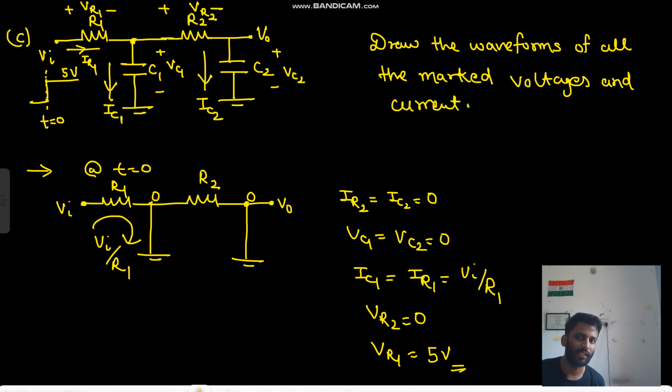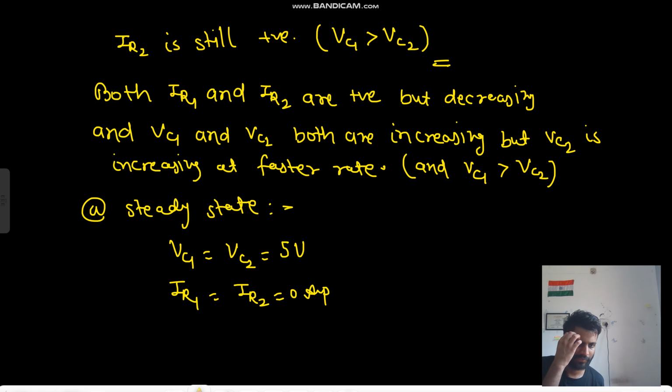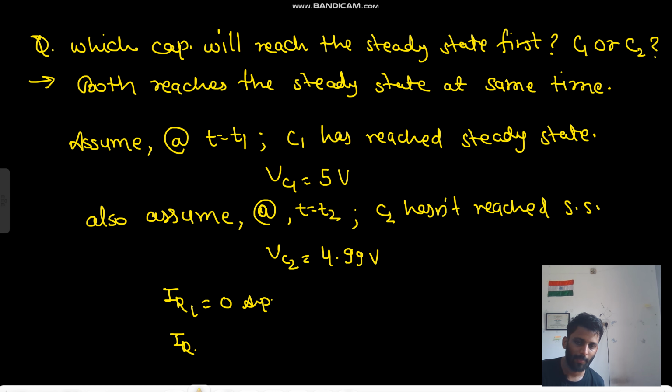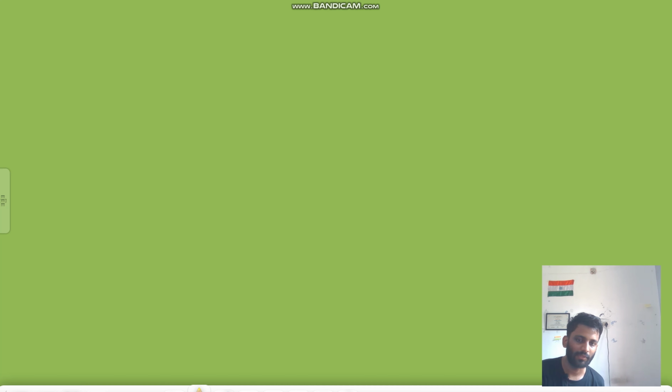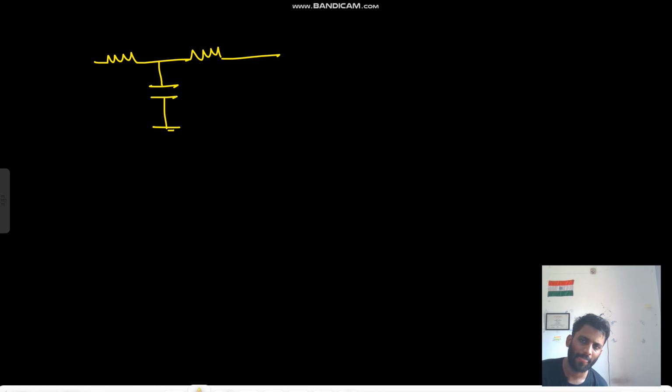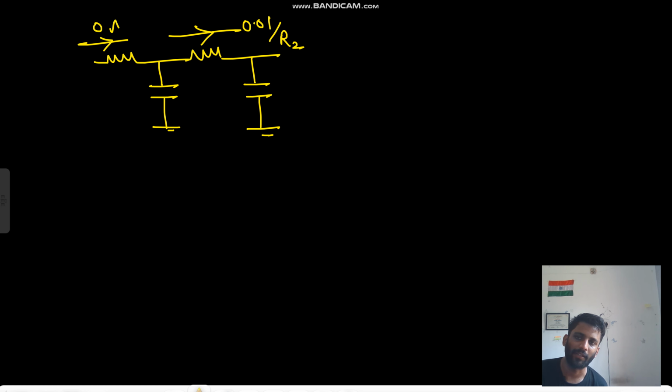This is 5, this is 5. So IR1 will be 0 ampere and IR2 will be 0.01 by R2. So now what you see here is that we have 0.01 by R2 current here and 0 ampere current here.